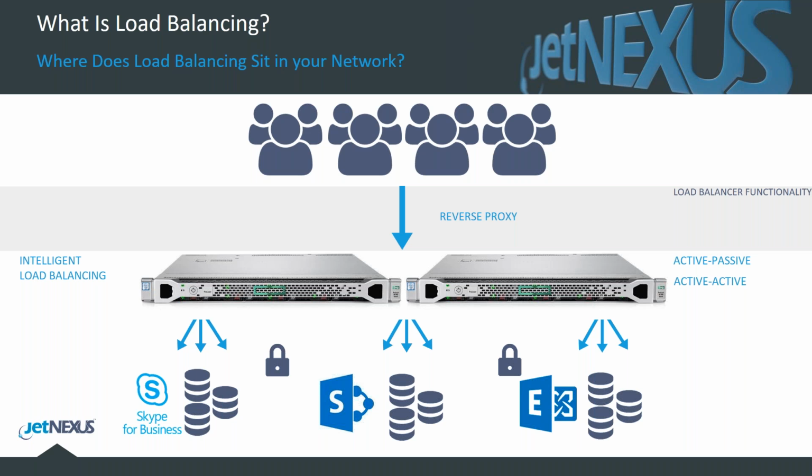So JetNexus adds intelligence to the load balancing process, and we do that in the form of things like layer 7 health checks. So clearly, if you're sending traffic to a server, you want to be sure that it's able to respond to the application request coming from the client. So we're able to take that all the way to layer 7 and ensure that the application is responding correctly.